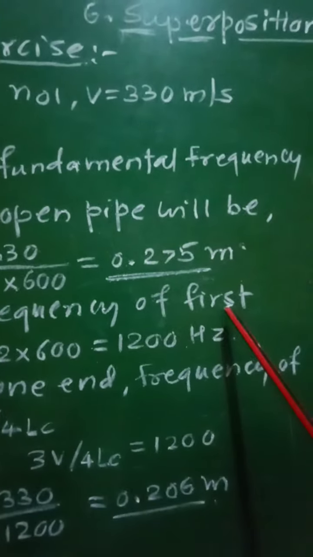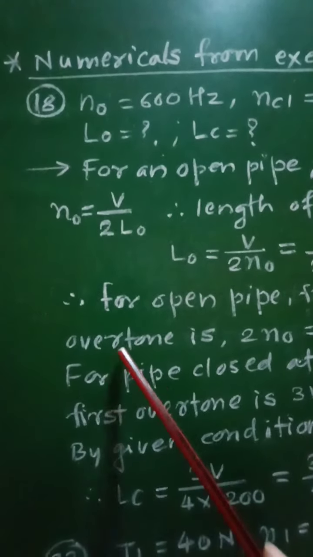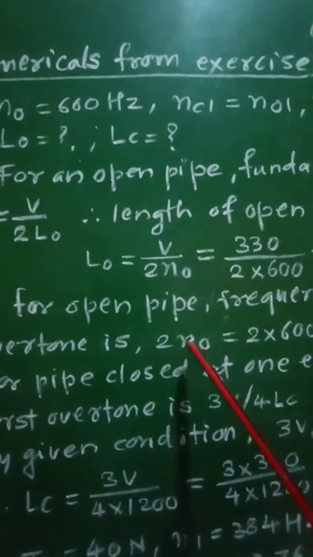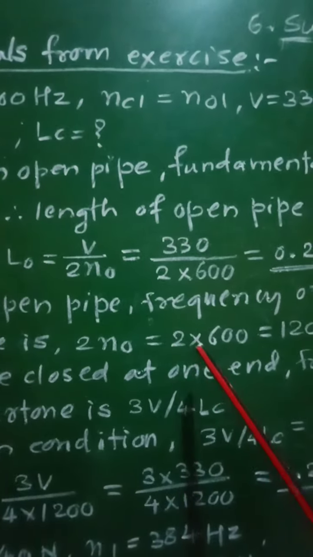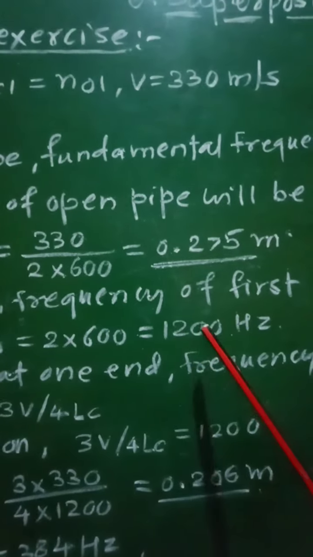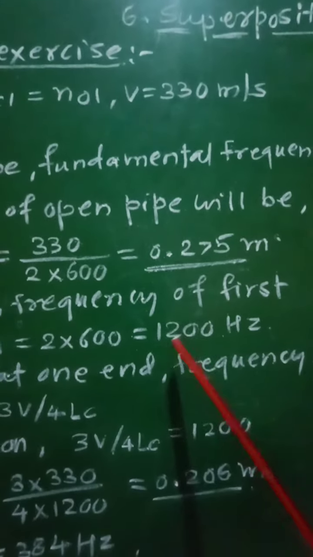And therefore for this open pipe, the frequency of the first overtone is 2 NO, that is 2 into 600, equal to 1200 Hz.